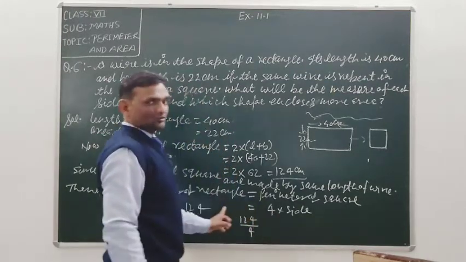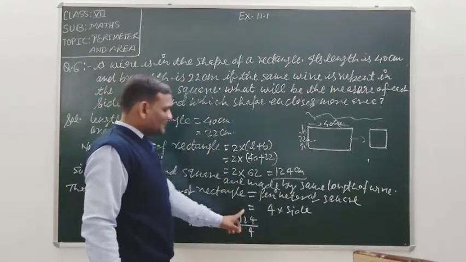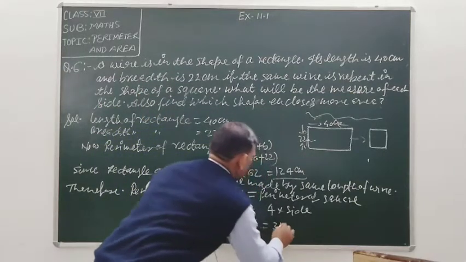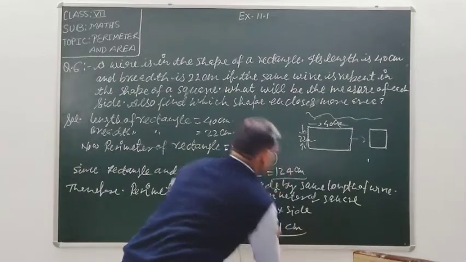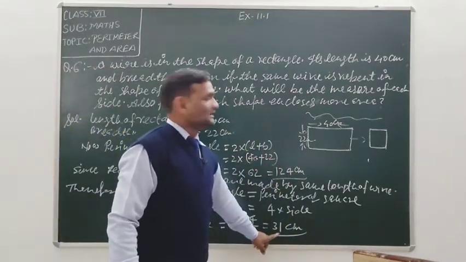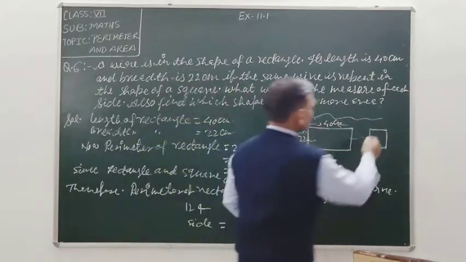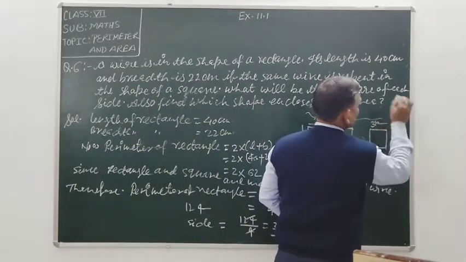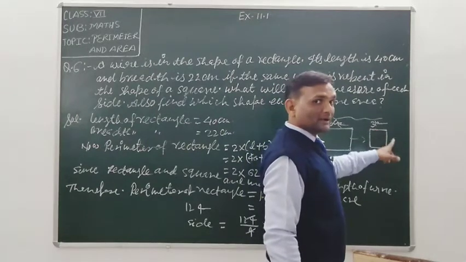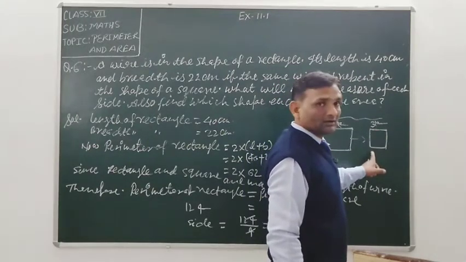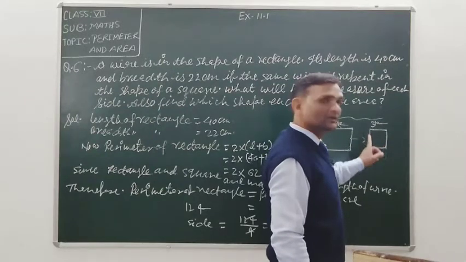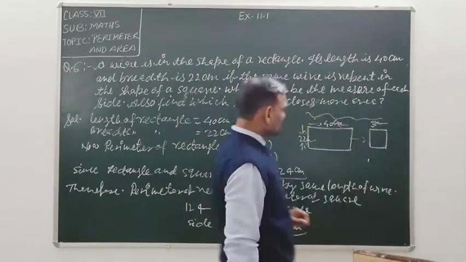We transpose 4 to the left side, so we have to divide. 4 3s are 12 and 4 1s are 4, 31 centimeter. 31 centimeter is the side of the square. What will be the side of the square? 31 centimeter. And you know the property of the square, all sides are equal. So this side will be 31 and this side 31 and this side also will be 31 centimeter.